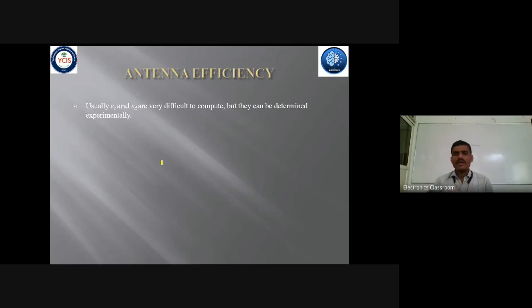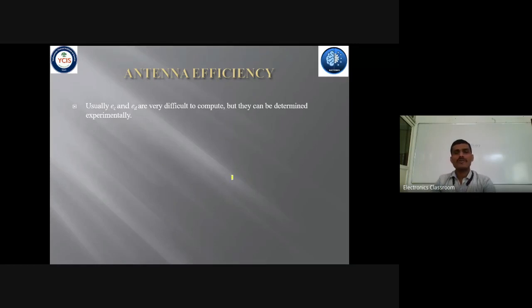When we theoretically define the dielectric efficiency and conduction efficiency, it is easy to understand what they are. But when we go to the laboratory and derive the antenna efficiency by using different experimental processes, it is so difficult to calculate conduction efficiency and dielectric efficiency separately.